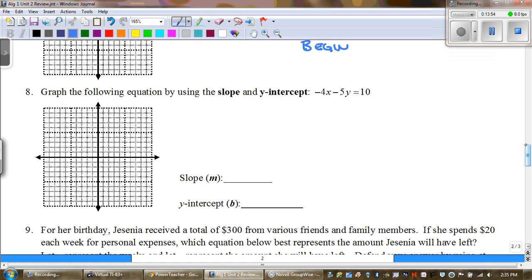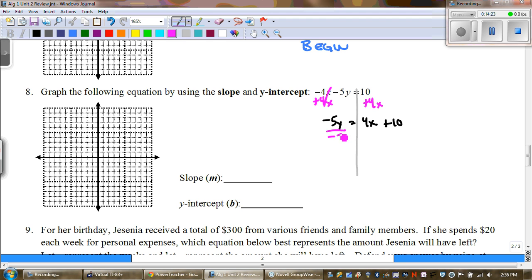Okay. Number 8 says to graph the following equation by using the slope and y-intercept. Now, the only thing that's different about this one is the y is not by itself, so we have to do that, okay, before we get started. We have to add the x to the other side, and we get -5y equals 4x plus 10.